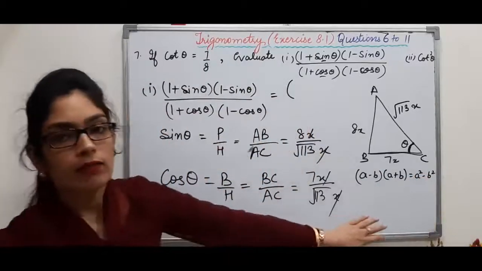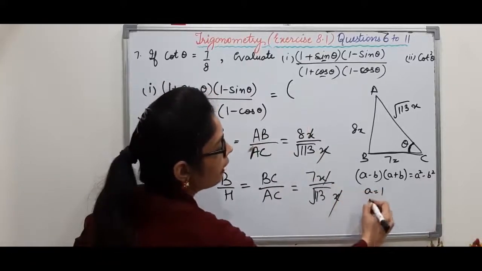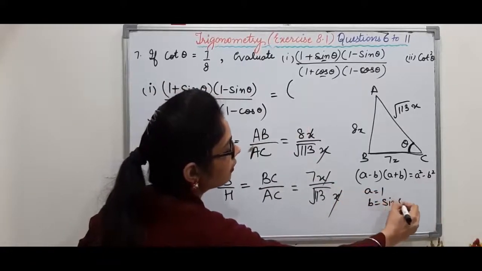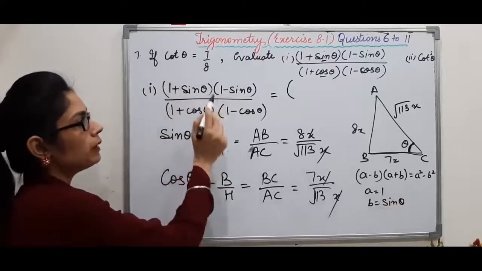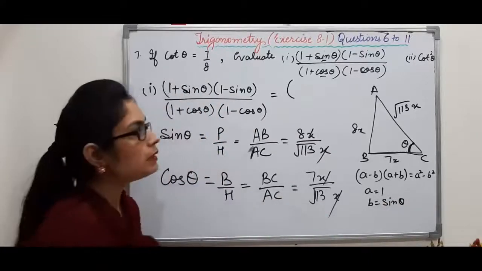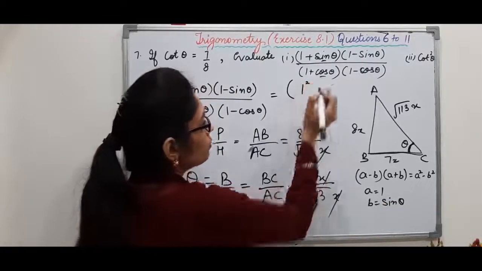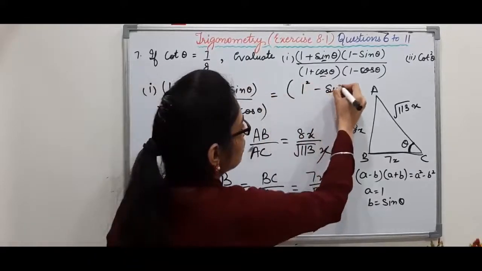So this identity we will use. If you compare with this, your A is 1 and B is sine theta. So we can write this as A plus B into A minus B, so directly we can write A square minus B square. So 1 square, which is 1 itself, minus B square. B is sine, so sine square theta.